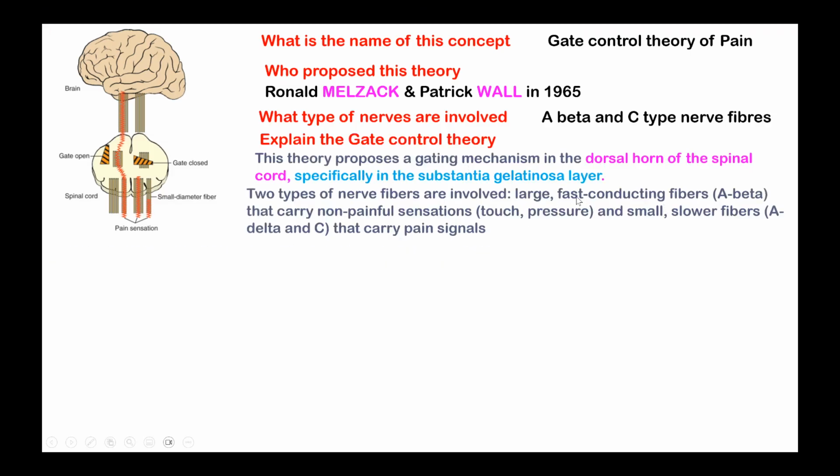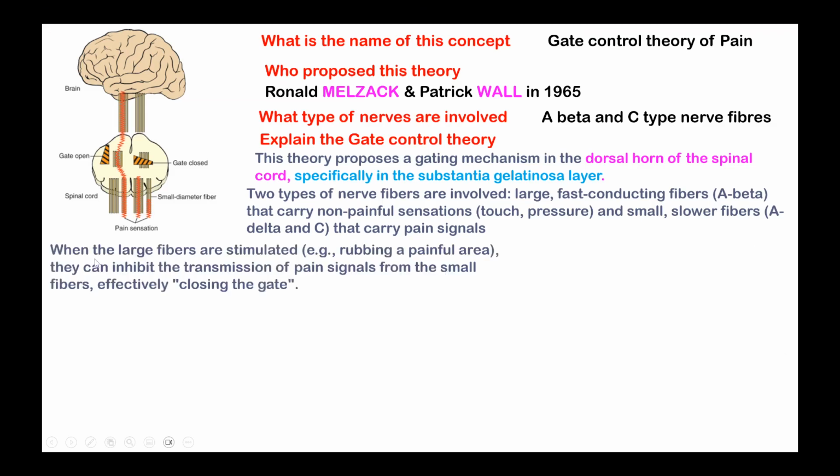It's called the large fast conducting A beta fibers, which carry non-painful sensation like touch and pressure. Small slow fibers, the A delta and C fibers, carry pain signals. Now, when large fibers, that is A beta fibers, are stimulated, like rubbing a painful area, they can inhibit the transmission of pain signals from the small fibers, effectively closing the gate.